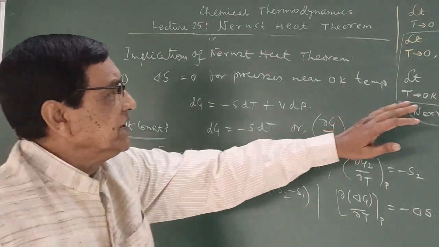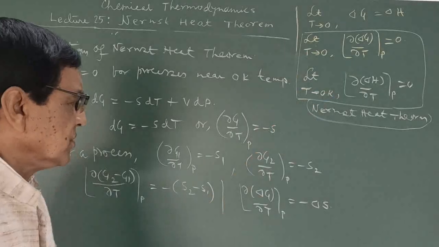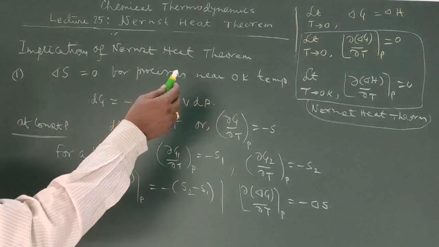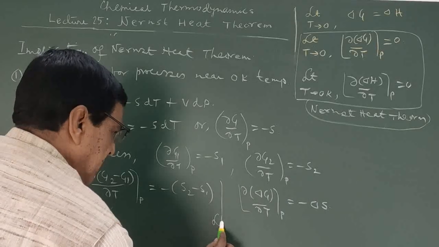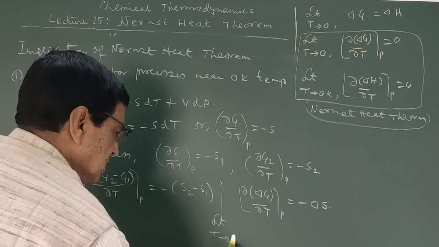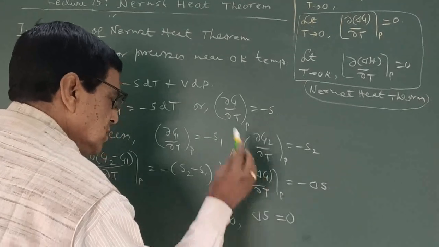But the Nernst heat theorem shows that this one equals 0 when T tends to 0. So as this tends to 0, delta S also tends to 0 as T tends to 0.